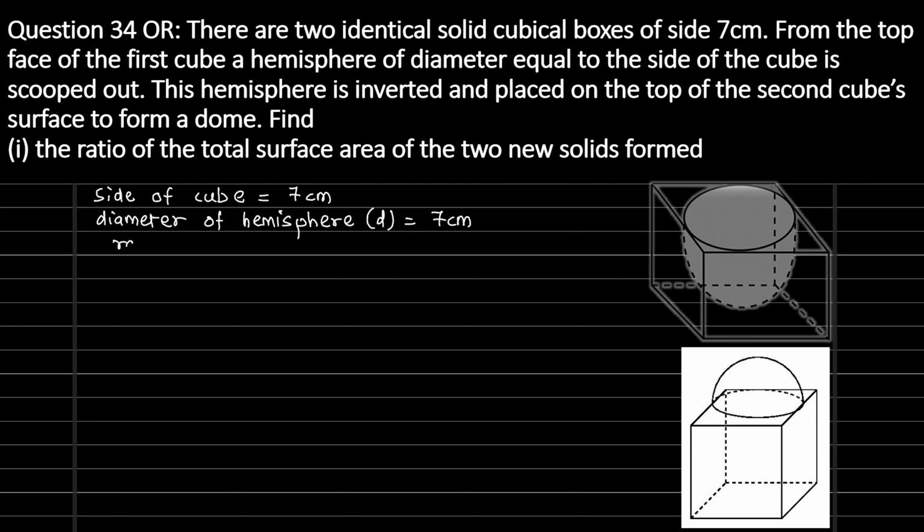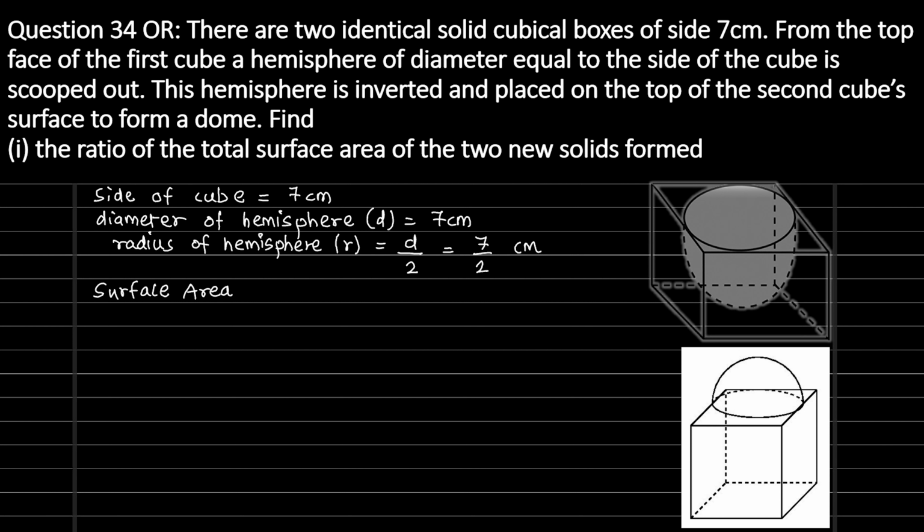So what would be the radius? The radius of the hemisphere will be half of the diameter, which is 7/2 cm.